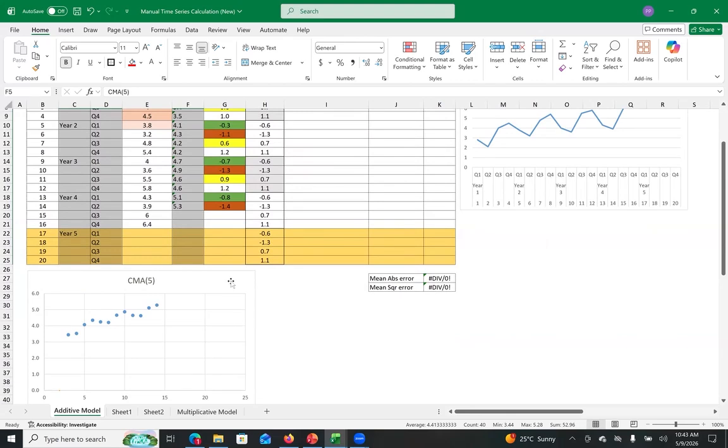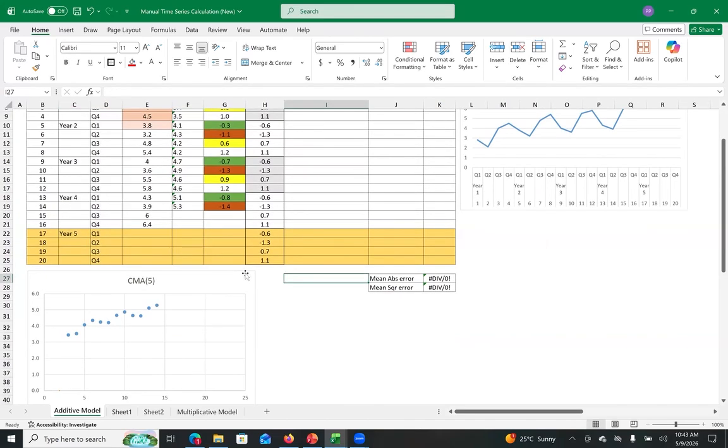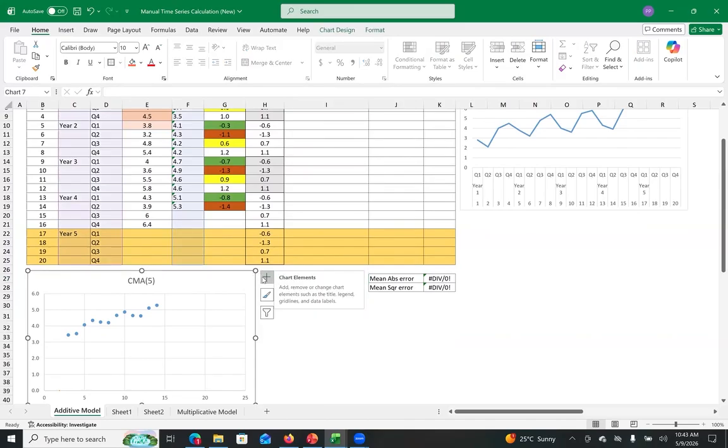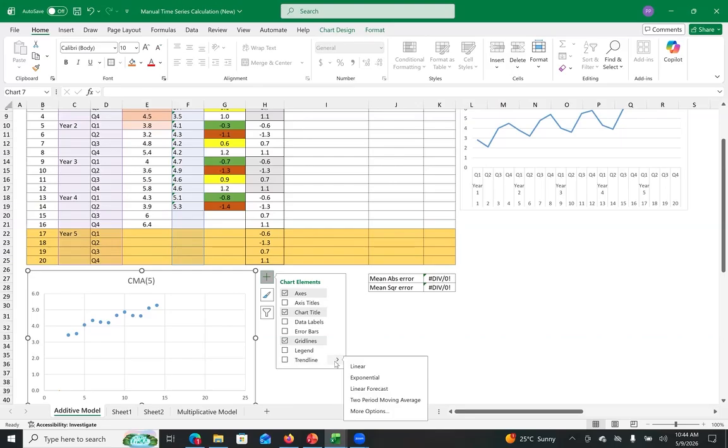I hope you guys are doing it side by side. Now click on the chart. If you click on this plus, there is an option of trend line, and I can say linear trend line. That is nothing but linear regression itself.